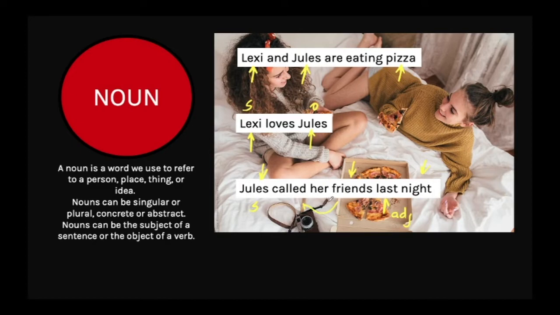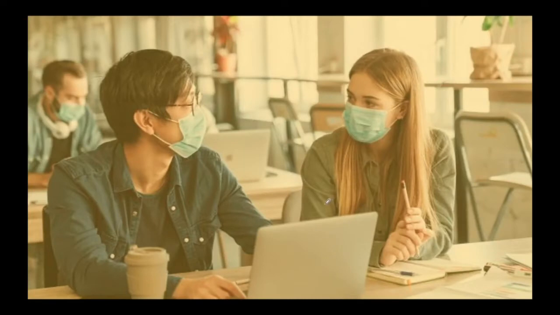Jules called her friends. So we have examples of nouns that are the subject of the sentence or the object of the verb. But what happens when we need to use an action or a verb as the subject of the sentence? What happens when we need to talk about an action?